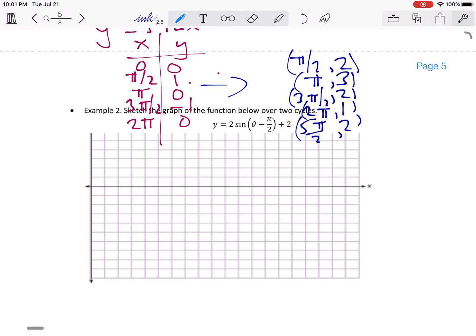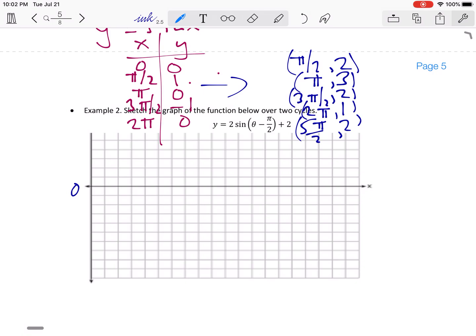Okay, so let's call this, so here's our 0 line, and we can go 1, 2, actually, let's make that a little smaller here.